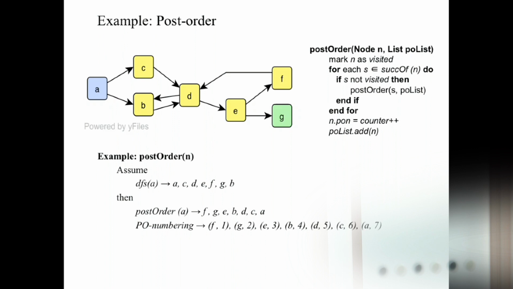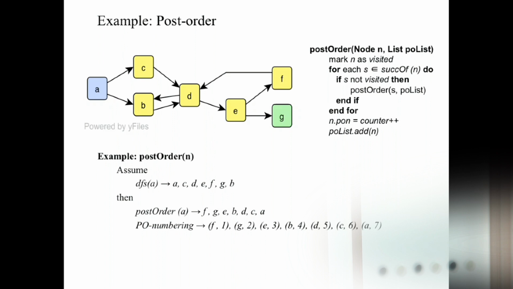Then I mark D visited. In each successor of D, I take E as a successor, and I check again if E is not visited. Yes, E was not visited, so I call post order with the argument E. On this E, mark N as visited.